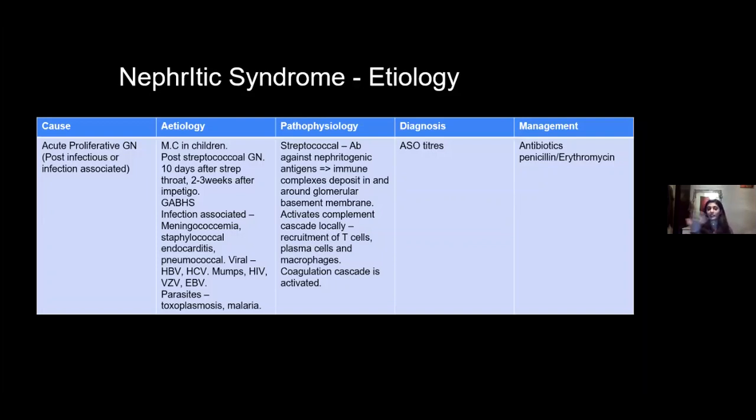And this just tells us that there was an infection going on by streptococcus that has led to this. So we just continue with a course of antibiotics, penicillin, or if they're penicillin allergic, we give them erythromycin. And with the others, it's just about managing and treating the infection that's going on, and also managing and treating the symptoms that are occurring because of it.